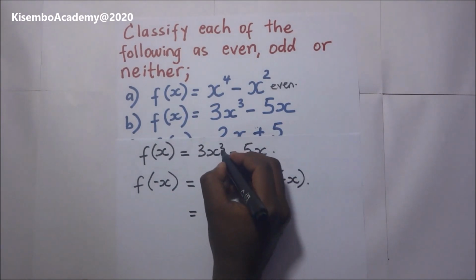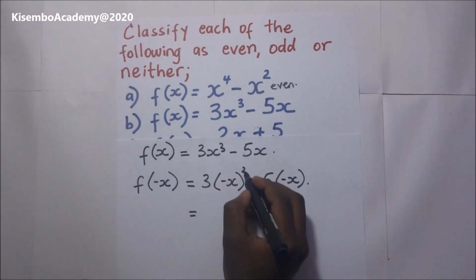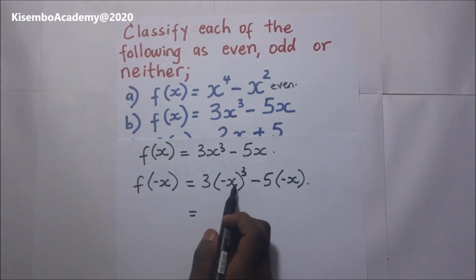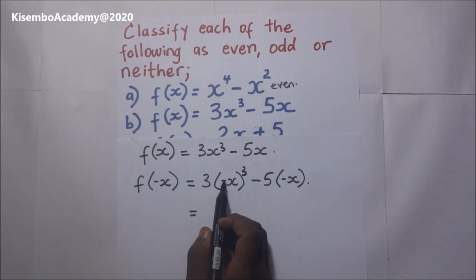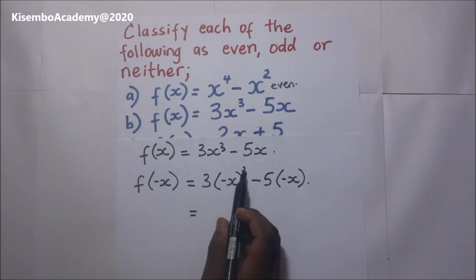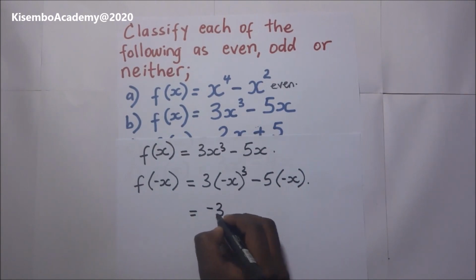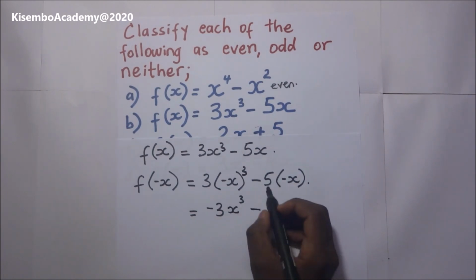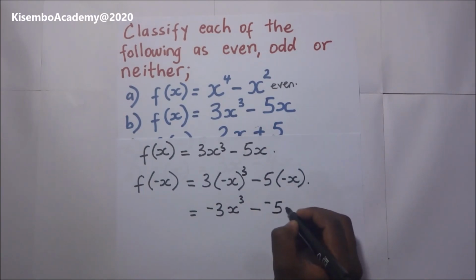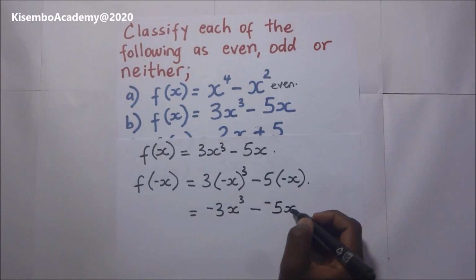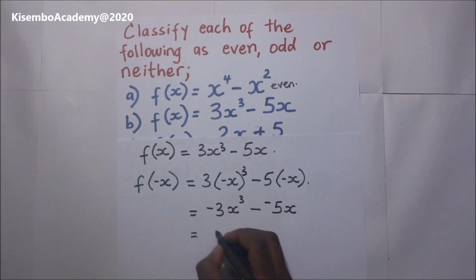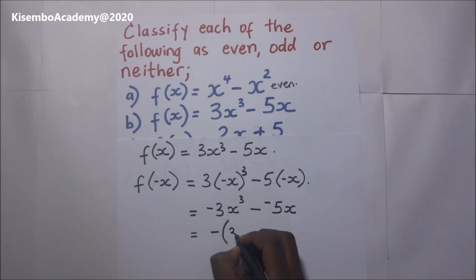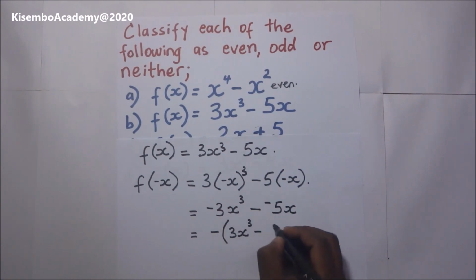Negative x to the power 3 gives us negative 3x cubed, and minus 5 times negative x gives us negative 5x. Now if you put this negative outside the brackets, it becomes negative times 3x cubed minus 5x.